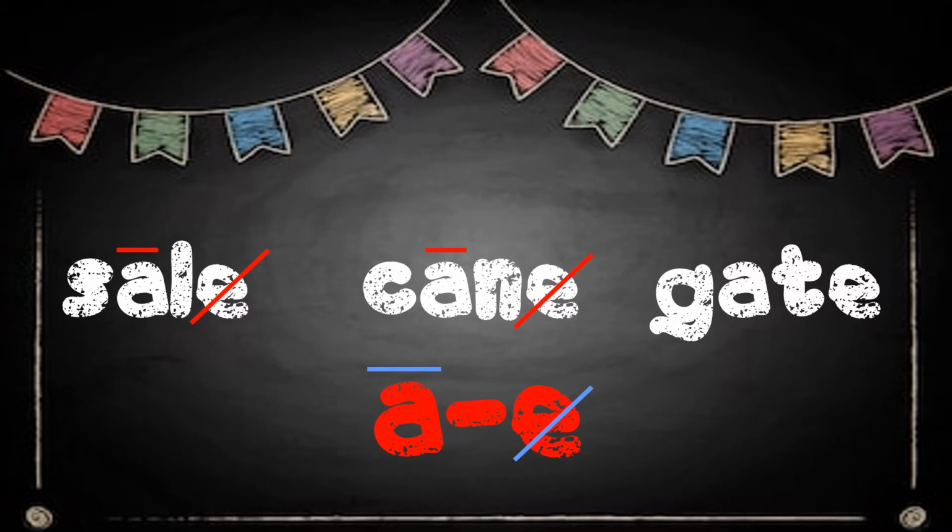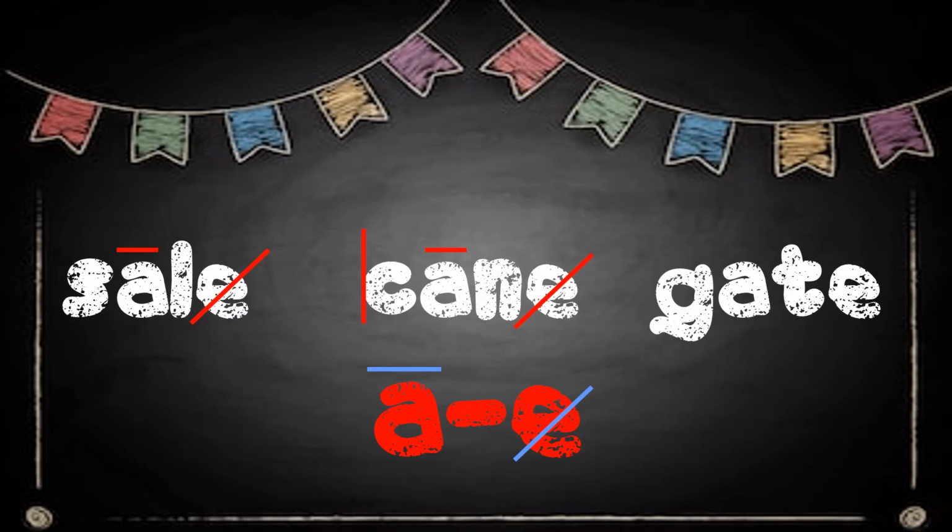So we're going to put a macron over the A to remind us that the A is saying its name. There's one more thing we need to do. I see the letter C at the beginning of this word, and it makes the K sound. So I'm going to draw a line to make a K back to remind me that this letter C is going to make the K sound.